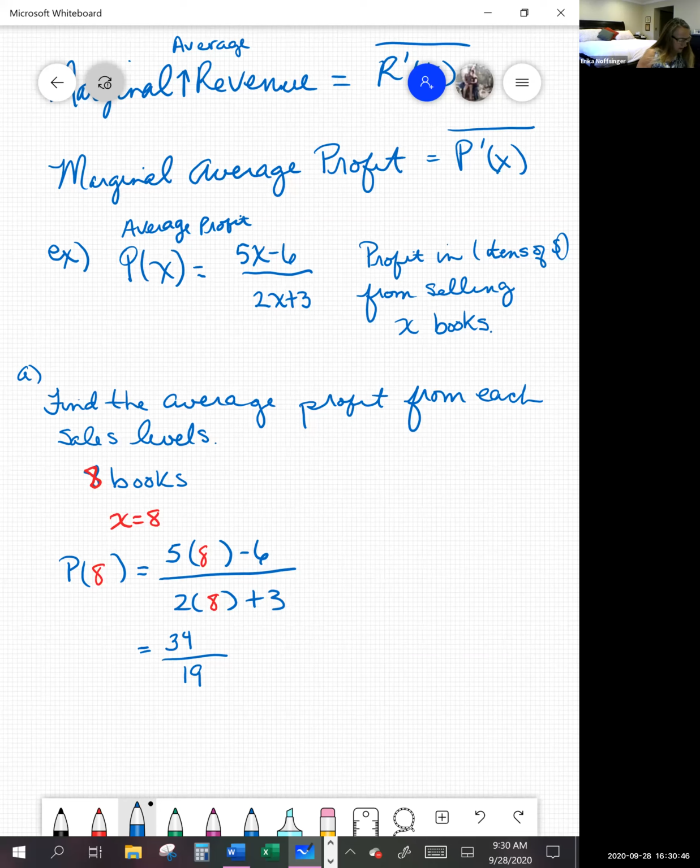Is that right? No. Okay, so 34 divided by 19 is 1.78.